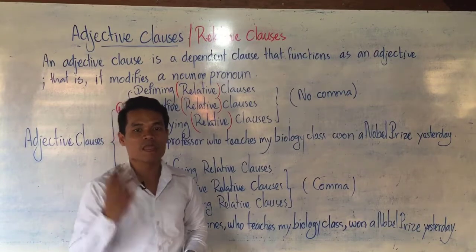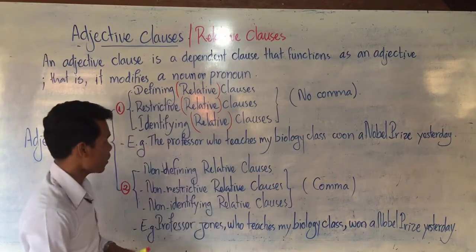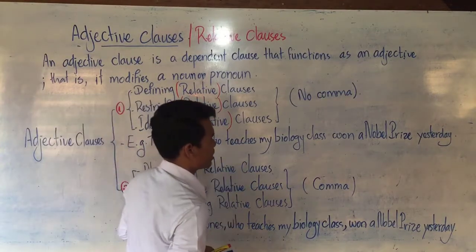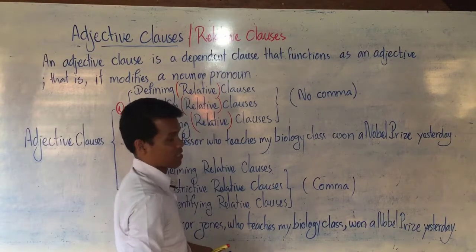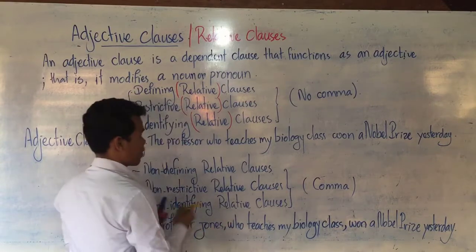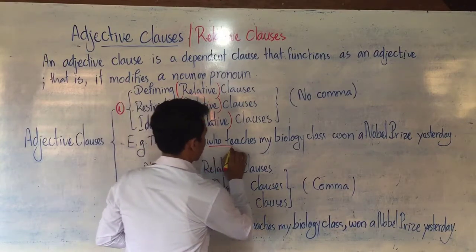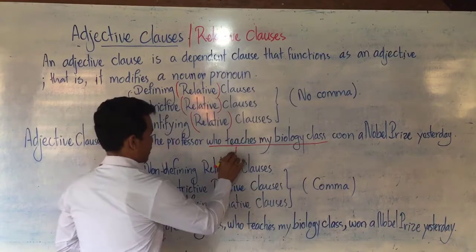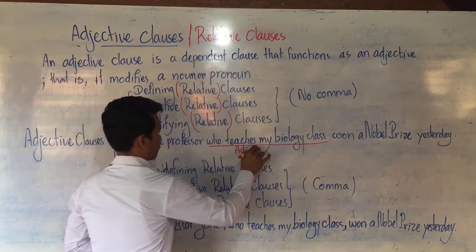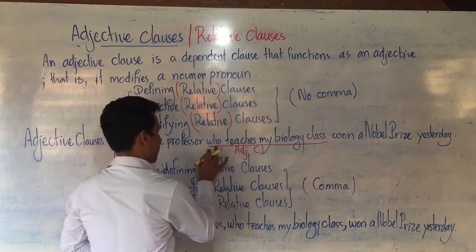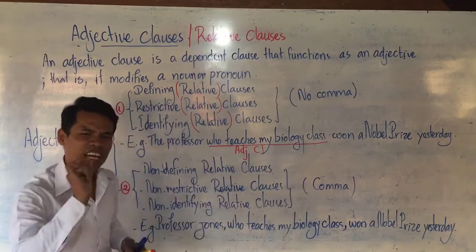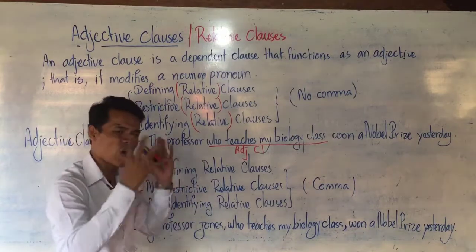For example, the professor who teaches my biology class won a Nobel Prize yesterday. The adjective clause is from who to class. It is an adjective clause without a comma. But from who to class is really important to the whole sentence.